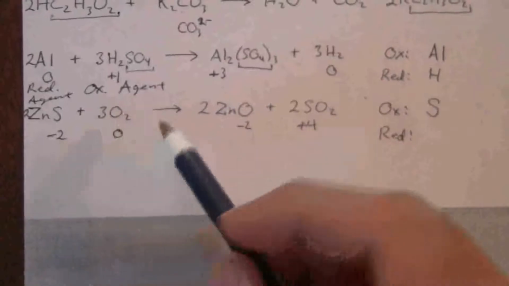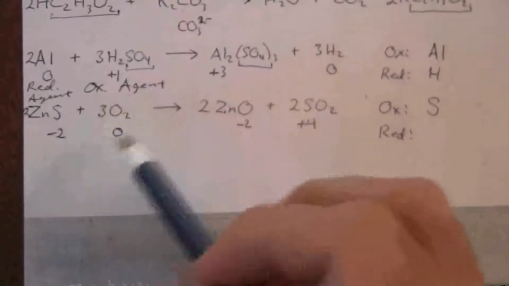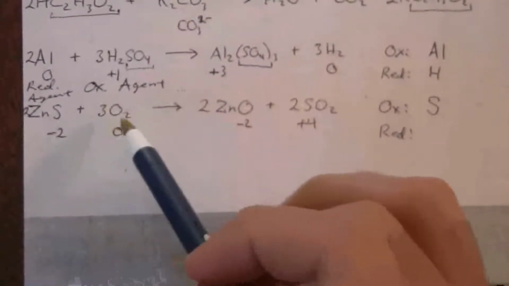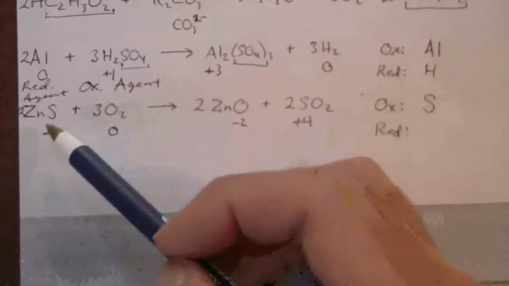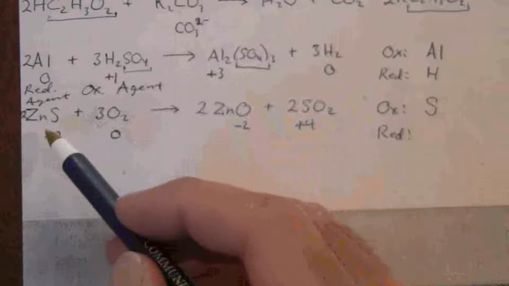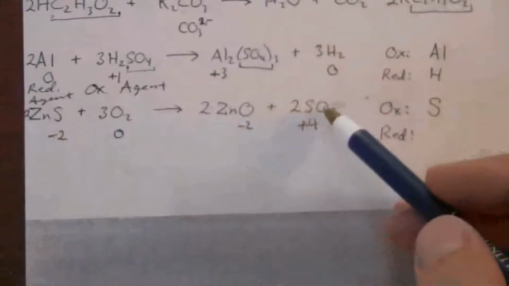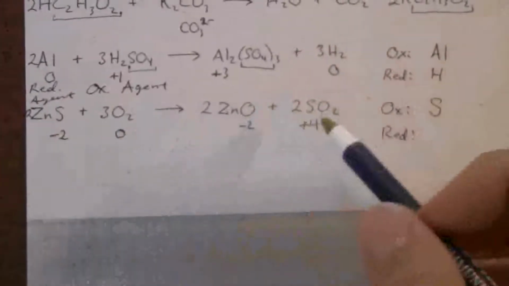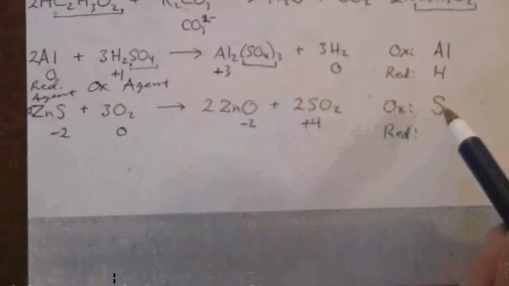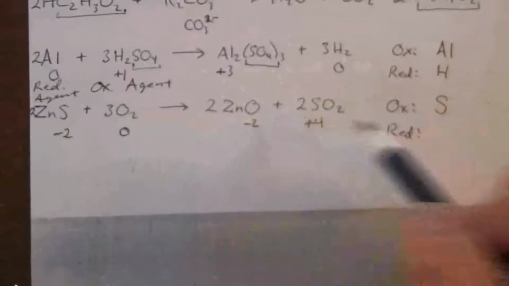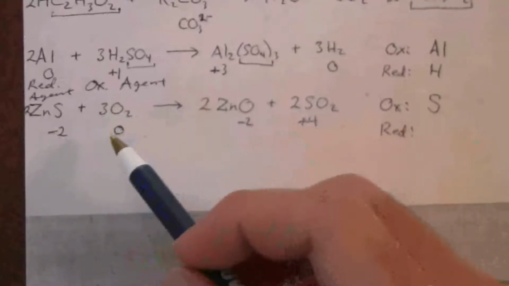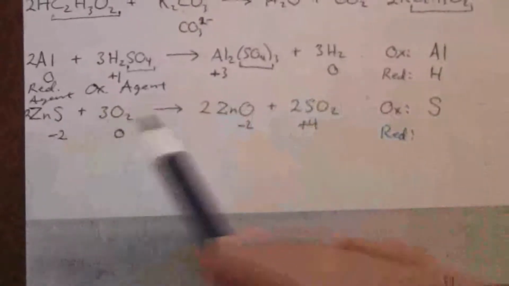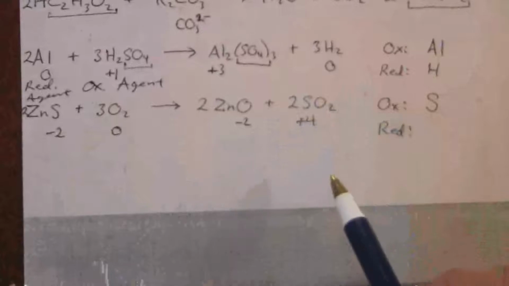And a little hint: when you're reacting something with oxygen, you are oxidizing it. The sulfur is reacting with the oxygen, and so it is becoming oxidized. That's also part of the origin of the term oxidation. It's reacting with the oxygen, and so it is oxidized.